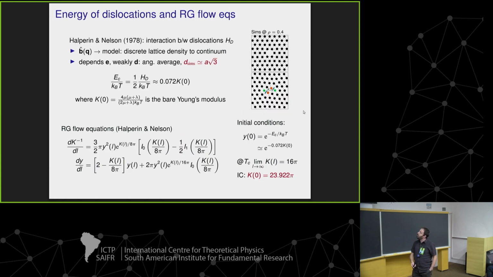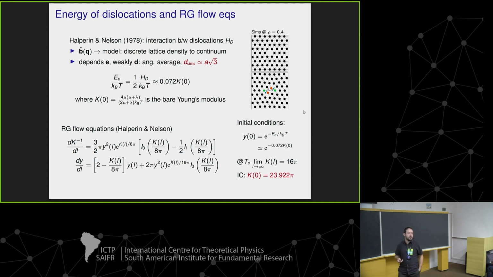So now to estimate the core energy of a dislocation, of the topological defect, we start off with the Halperin-Nelson interaction energy between these dislocations. This interaction energy is written in terms of Burger's vectors density field.